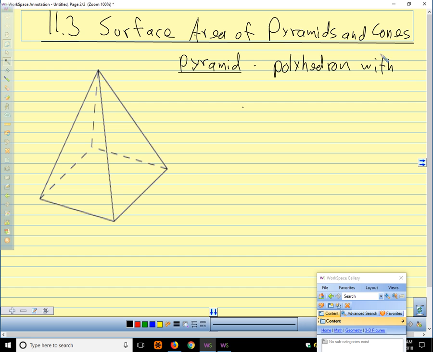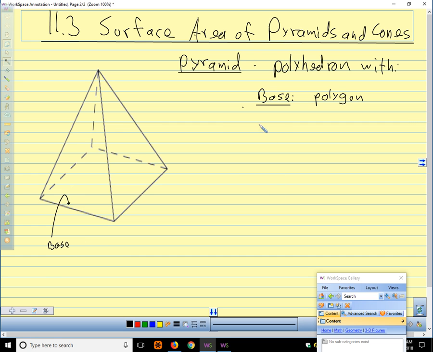It's a polyhedron with a base. The base of a pyramid is a polygon. So we can have a square pyramid, we can have a triangular pyramid, we can have a trapezoidal pyramid. Any polygon can be the base of a pyramid. So my base is this square here.